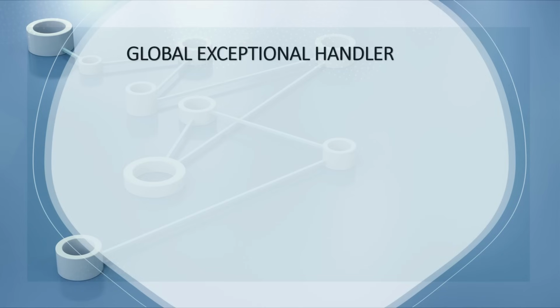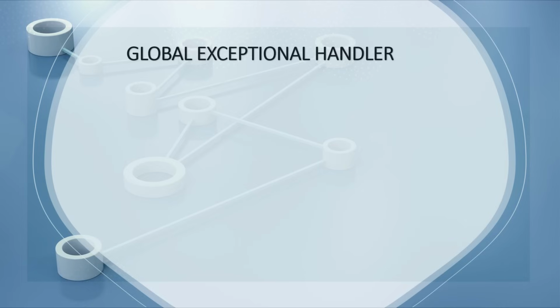Global exception handling refers to the practice of handling exceptions that occur across multiple components of an application. Instead of handling exceptions separately in each individual component, global exception handling allows you to define a common mechanism to handle exceptions consistently throughout the application.